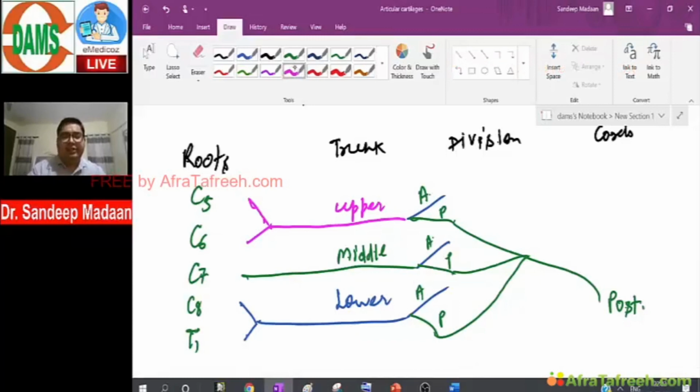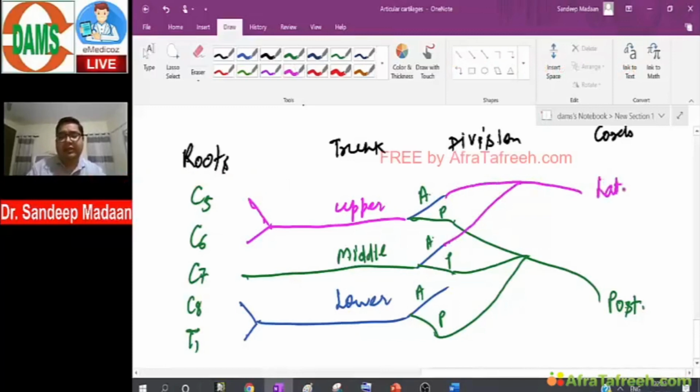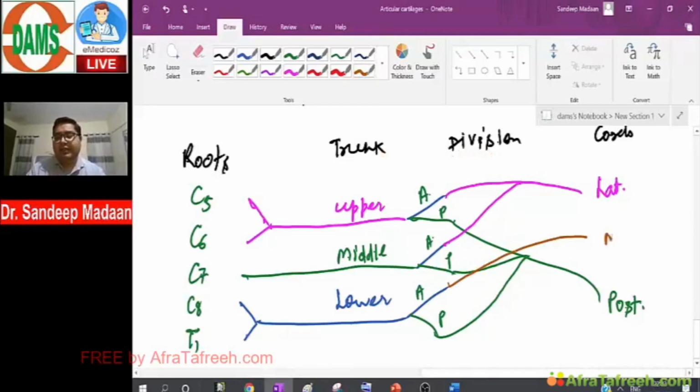So what will happen? Anterior of upper and anterior of middle, they will run and make the lateral chord. And what about this part here? The anterior of lower, it will simply make the medial chord.